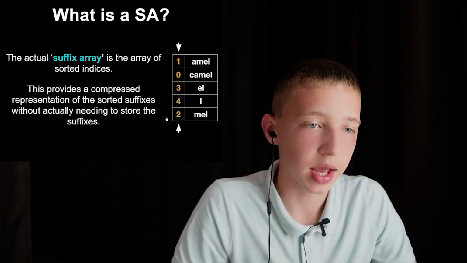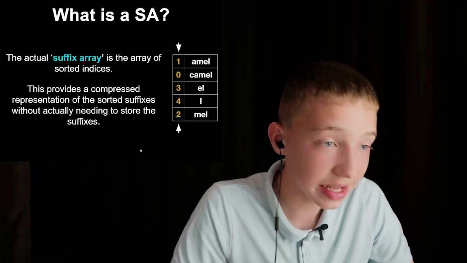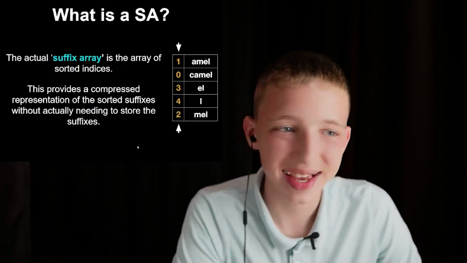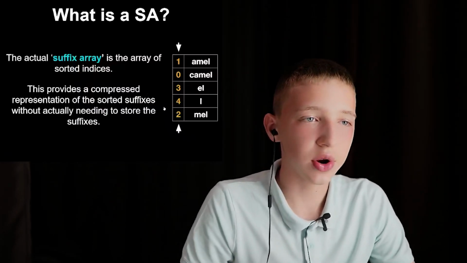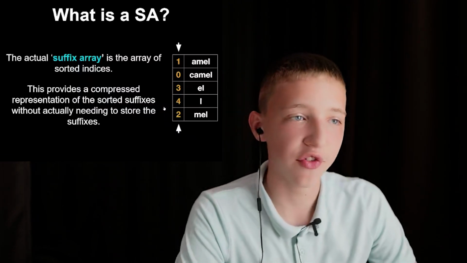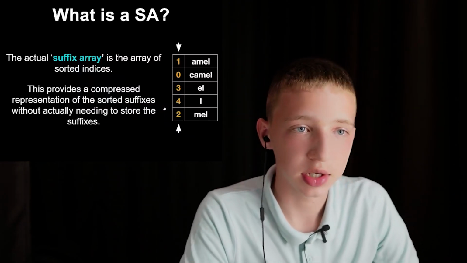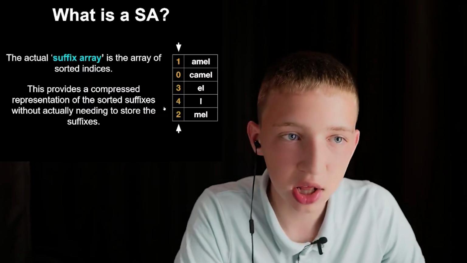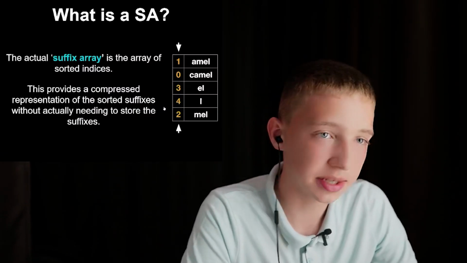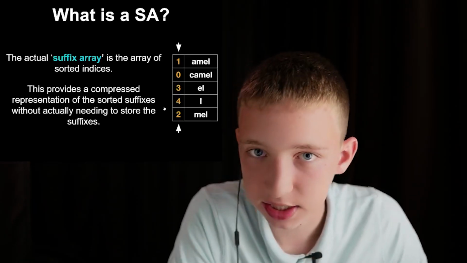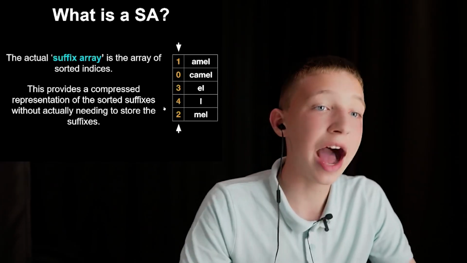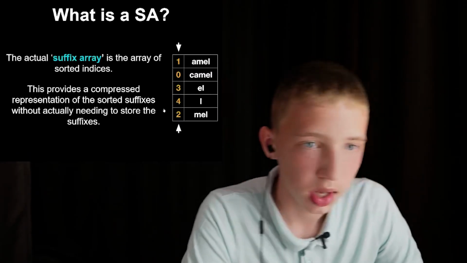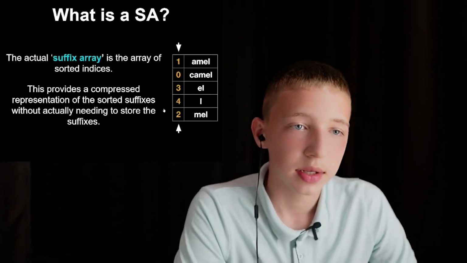And also, as we've now started talking about longest common prefix, we are going to look at what a longest common prefix is. So a couple of words about it. This array, the longest common prefix or LCP array, is an array where each index stores how many characters two sorted suffixes have in common with each other.